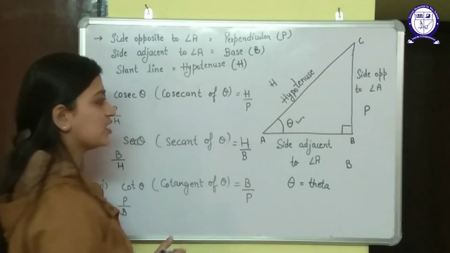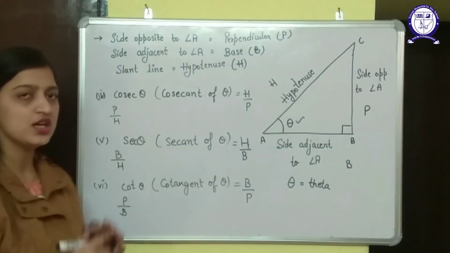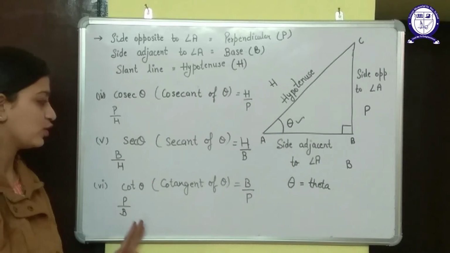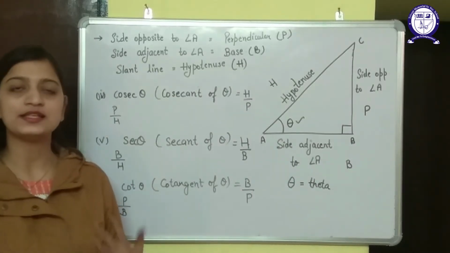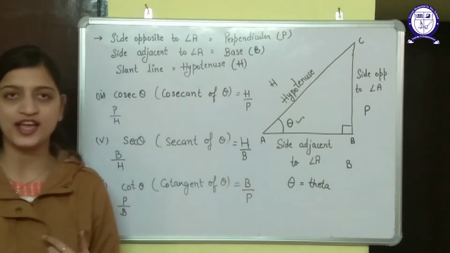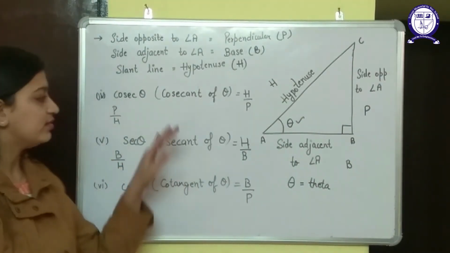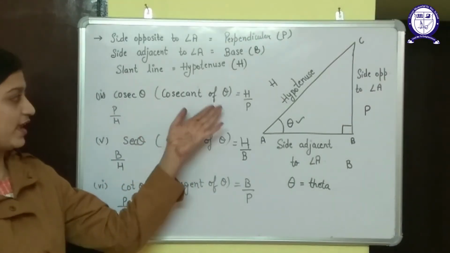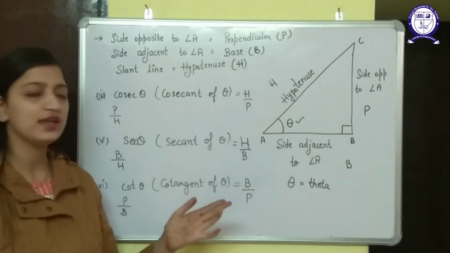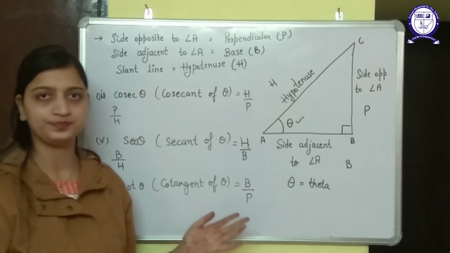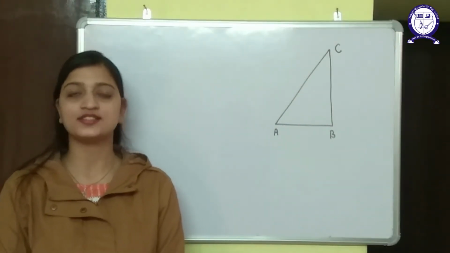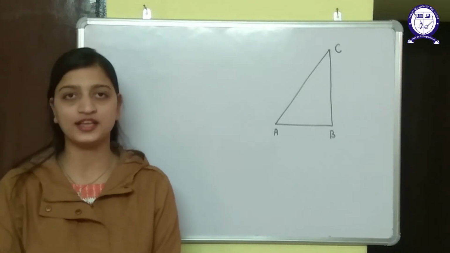So these are the 6 ratios you need to remember: sine, cos, tan, cosec, sec and cot, and their formulas P by H, B by H, P by B, and these 3 are the reverse of the previous formulas, that is H by P, H by B and B by P. Now let's see how to find the ratios when the sides and the angles are given.